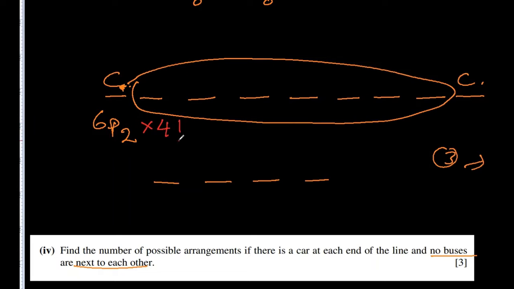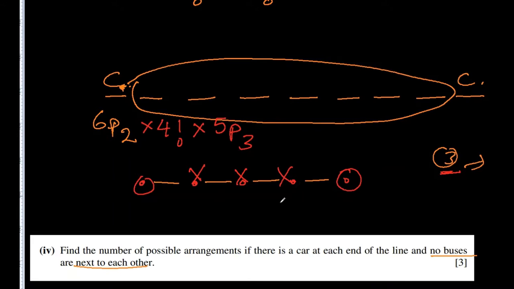So 4 factorial. Now the remaining buses can take place here, this or this. There are 5 places available for the remaining 3 buses and they can be arranged as 5P3. Why? Because if the bus takes this place and this place, there will be no bus here and here, and that's the new arrangement.